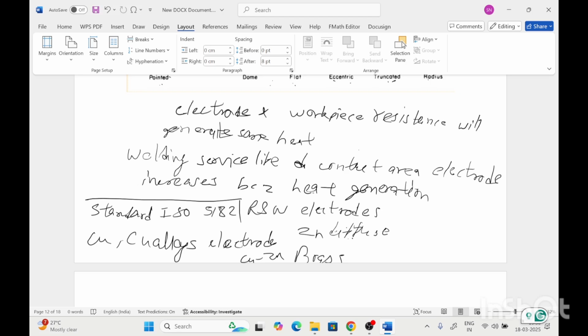This happens because the zinc diffuses to the copper electrode with time. This alteration of the composition of the copper electrode also changes the resistivity, meaning the thermal and electrical conductivity of the copper will decrease with time.